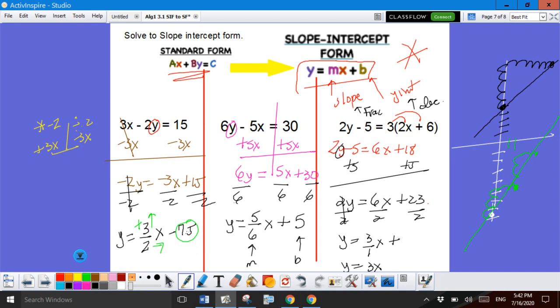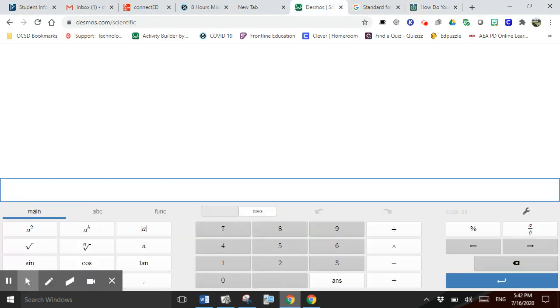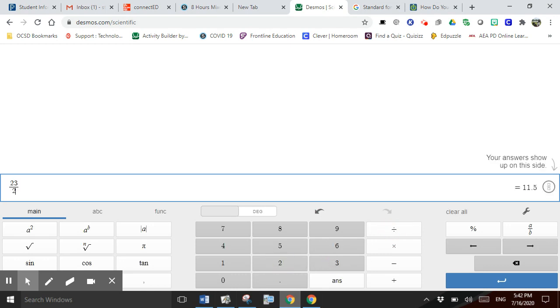And half of 23, we can leave this as 23 over 2. That works. We can definitely do that, but I want you to think about where 23 over 2 is on this line. How do you graph that? For those of us who maybe don't remember how to get that decimal on the calculator, 23 divided by 2, everybody should remember how to do that.